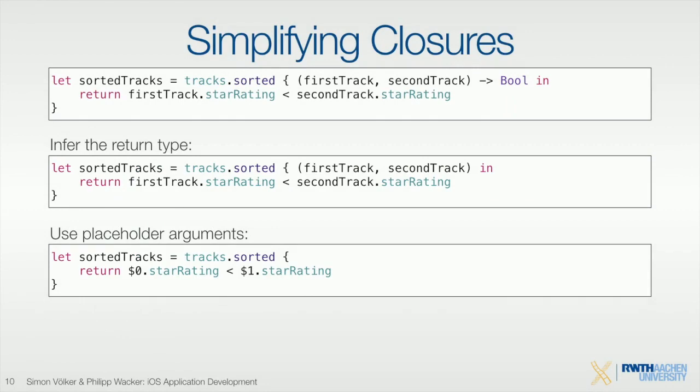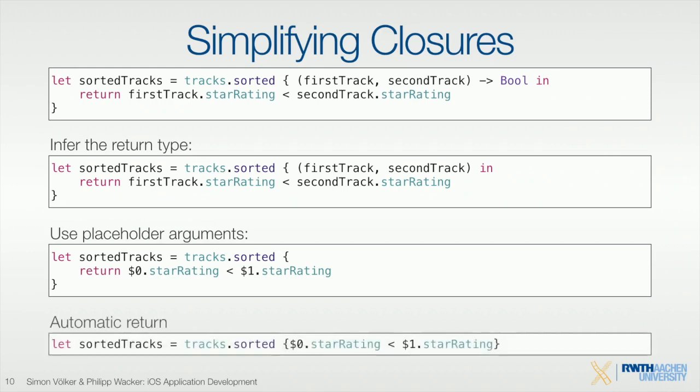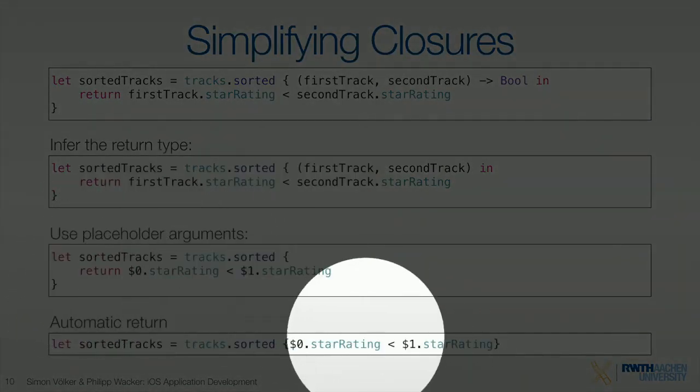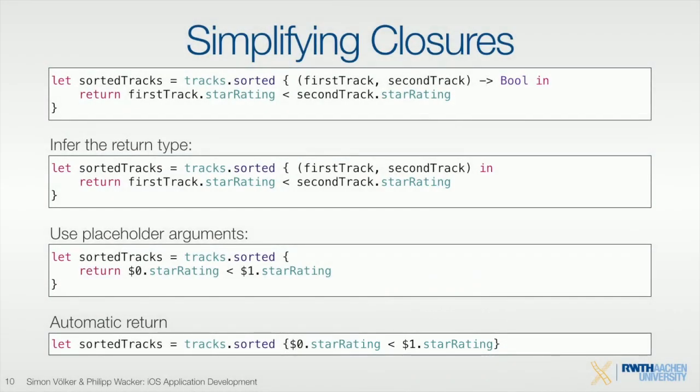And then the next thing is, if there's only one expression in your closure, that is returned automatically. So you don't even have to use the return keyword anymore, and instead you have just the sorted, and in curly braces behind that, $0 star rating smaller than $1 star rating.